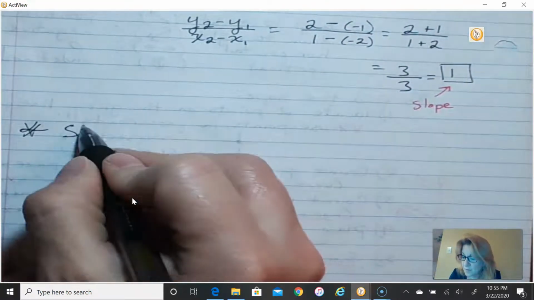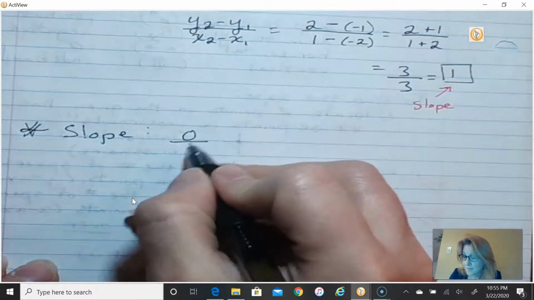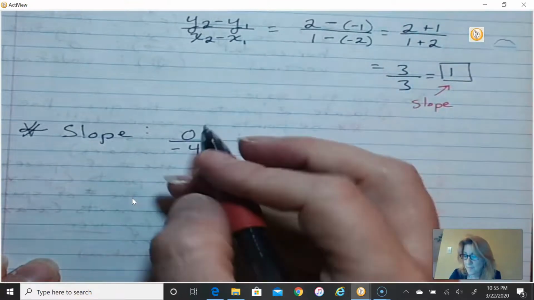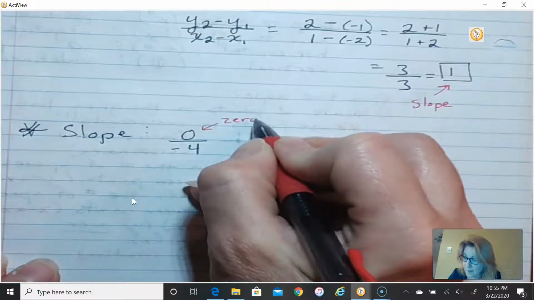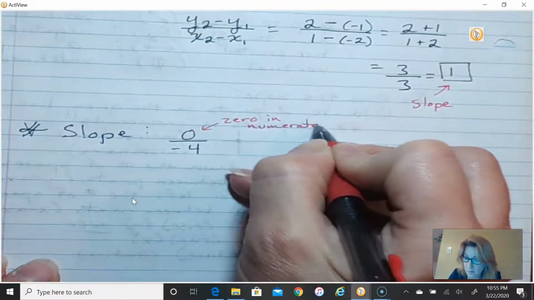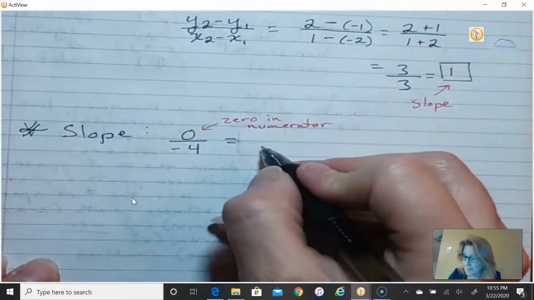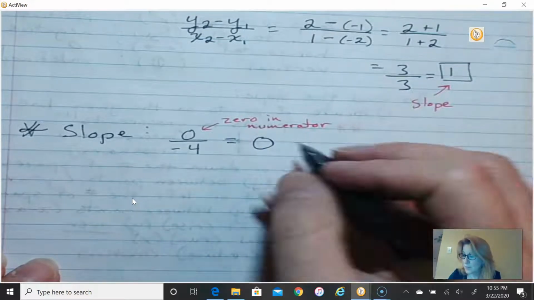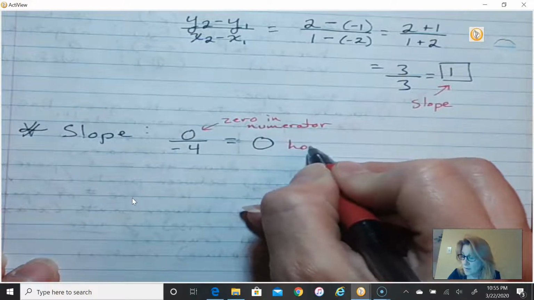Oh, this is important. If the slope looks like this, if you work it out and there's a 0 in the numerator, the slope is 0. It's going to be, I'll put red, a horizontal line.